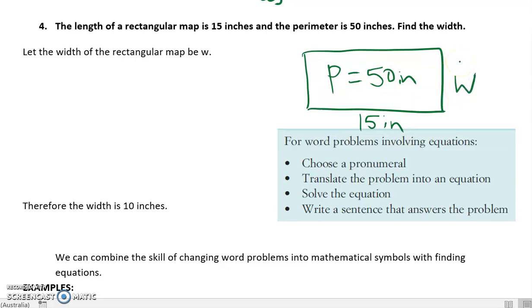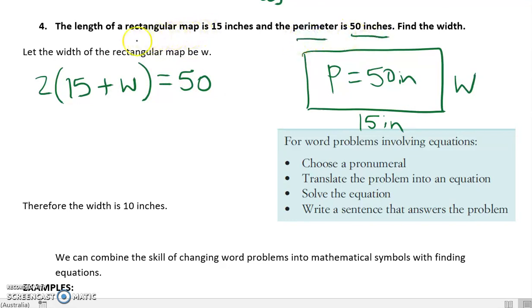Okay, well, what do I know about a perimeter of a rectangle? I know that 2 lots of the length plus the width is equal to the perimeter. Okay, and they're telling me that the perimeter is 50 inches.